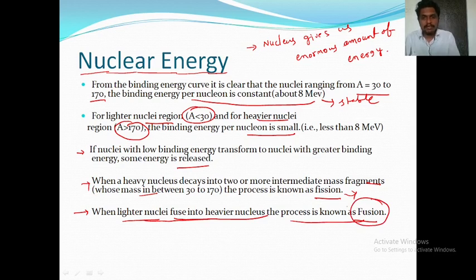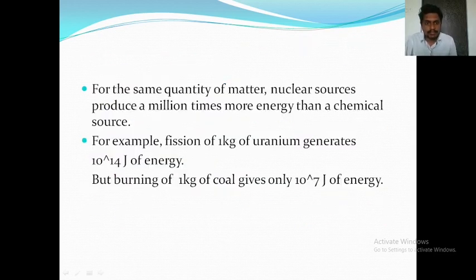Nuclear sources provide a large amount of energy for the same quantity of matter.